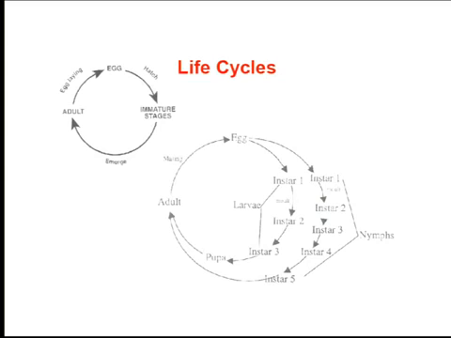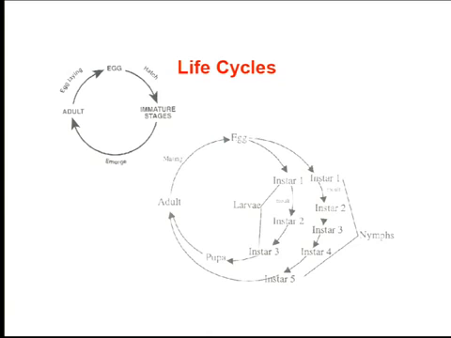Then you need to understand the life cycle. You see, we have insects that go through what is called incomplete metamorphosis or complete metamorphosis. So the incomplete are the ones that go from an egg, immature stage, and adult, and they all look the same. For example, the geocaris is one case, the leafhoppers, the aphids.